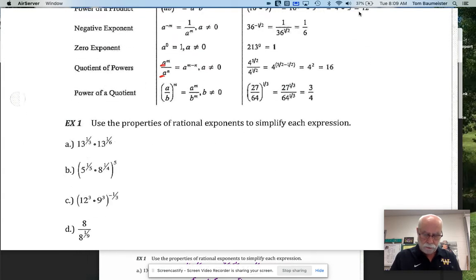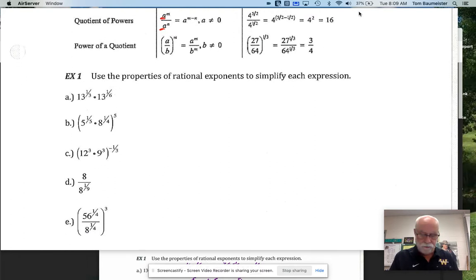All right, so I've got a bunch of examples here for you. Example 1: 13 to the 1/3 times 13 raised to the 1/6. All right, so again, the bases are the same. They're 13, so I can say I have 13. And then I'm going to take the 1/3 plus the 1/6.